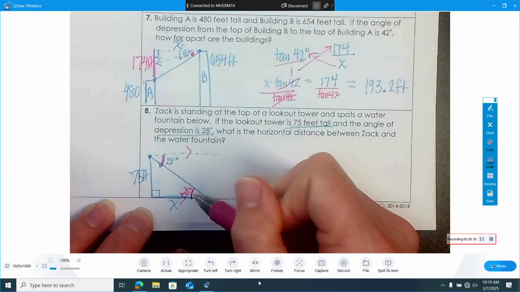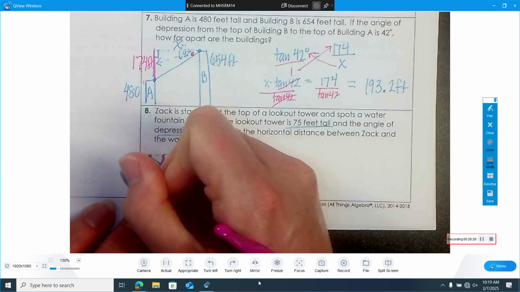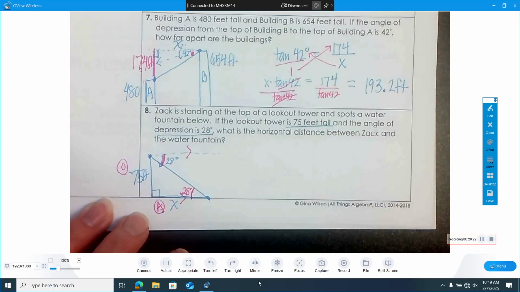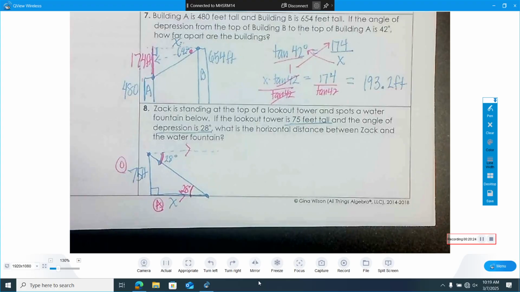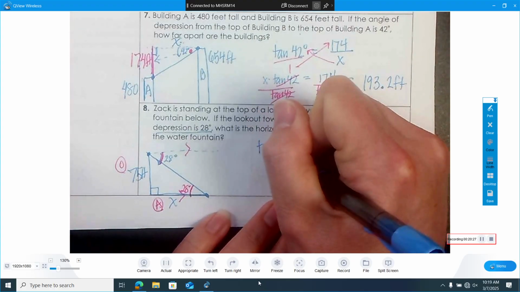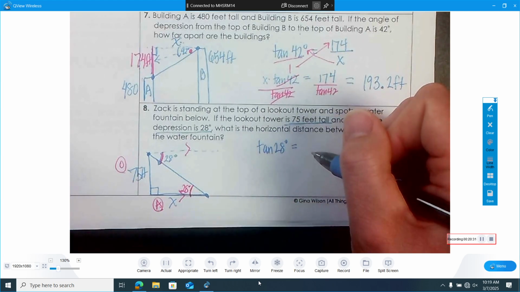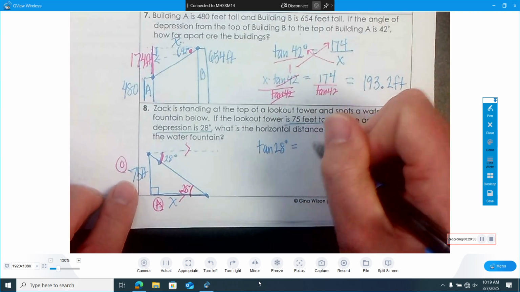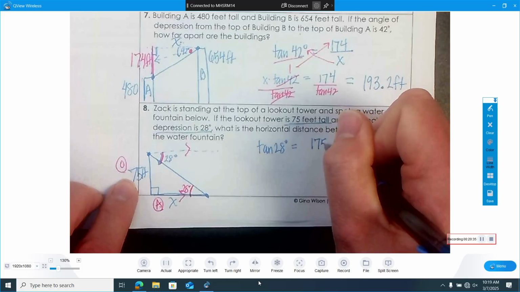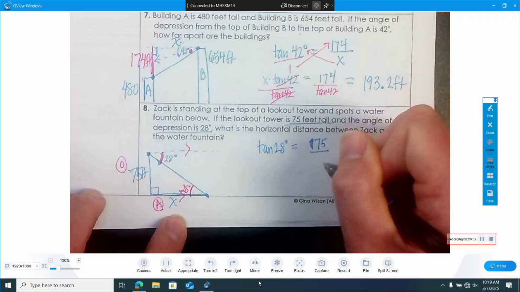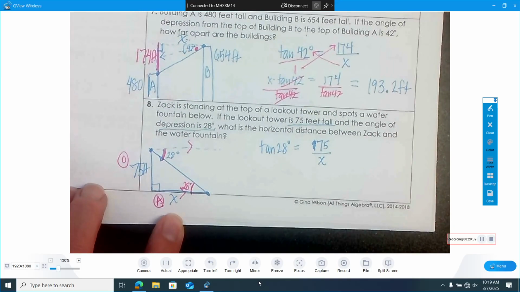And so now that we have that angle inside the triangle, I have the opposite side and adjacent side, which is another tangent function. So the tangent of 28 degrees, that is just a coincidence. Not every problem is going to be tangent. Opposite 75 over adjacent x. So 75 over x.